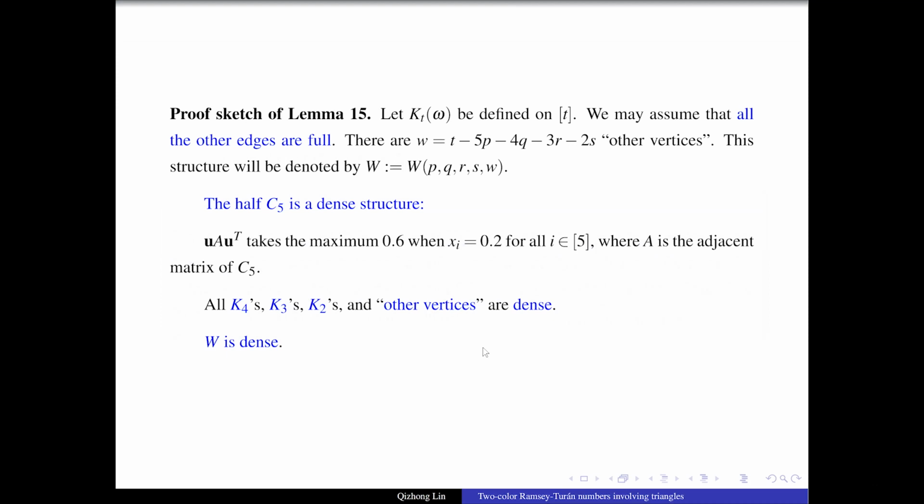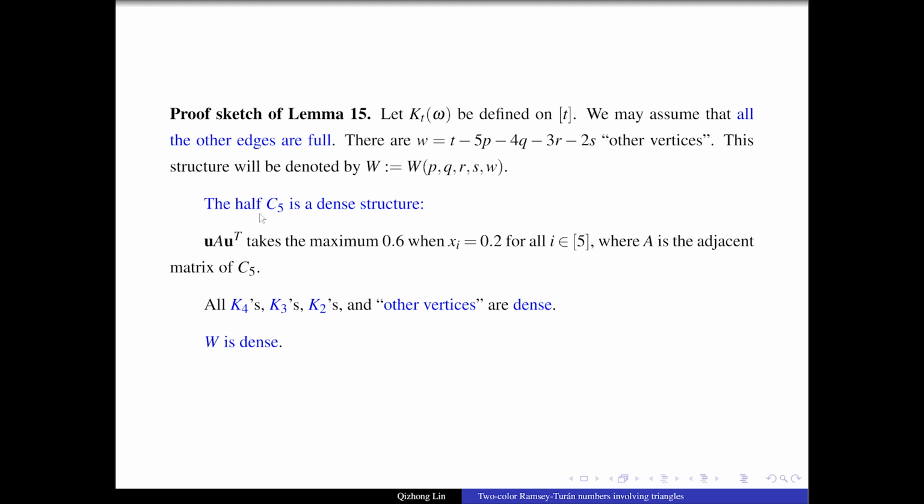Let us see the proof. To show the upper bound for this density, we may assume that all the other edges are full, and we can show that the half C5 is a dense structure. Moreover, indeed, the density attains the maximum in the internal domain.